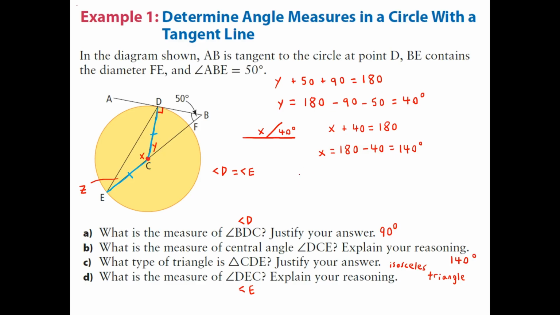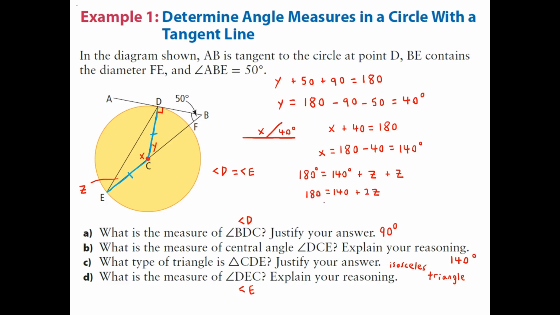So I'm going to have 180 degrees, and if I add 140 degrees, which I have here, to Z, which is my angle E, and add it again to Z, which is my angle D, I can use this algebraic equation to solve the problem. So right now I have 180 equal to 140 plus 2Z.